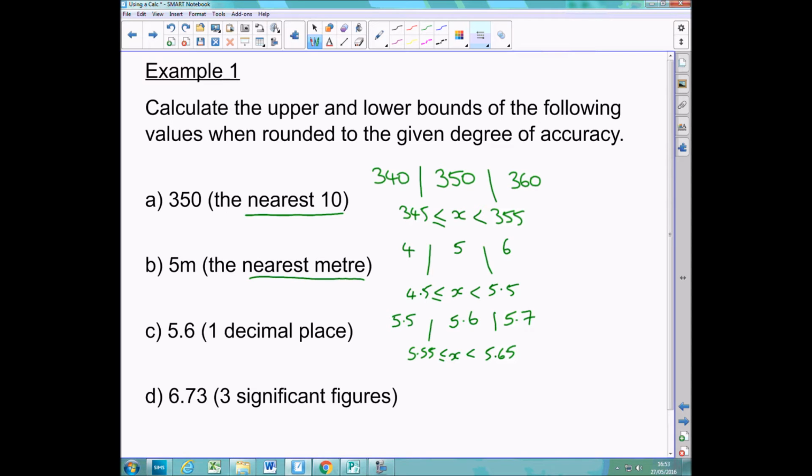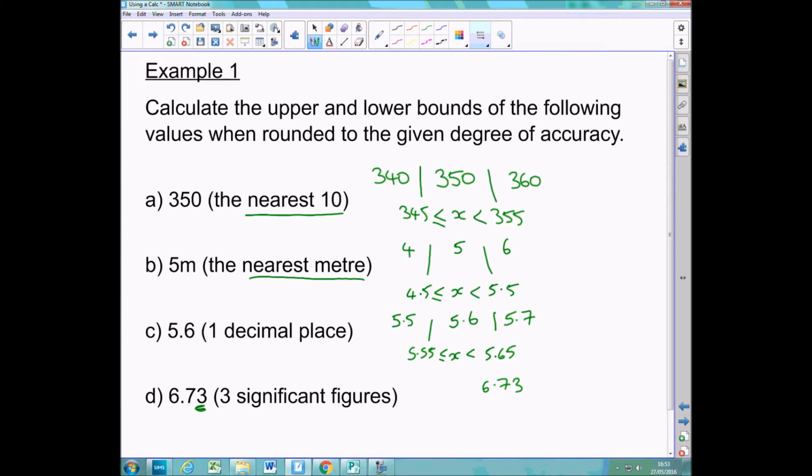We can even use this for numbers that are rounded to significant figures. So again, I would start off with 6.73, going up by 1 in the third significant figure place. Now remember, the third significant figure is this value here, the third number counting from the left.